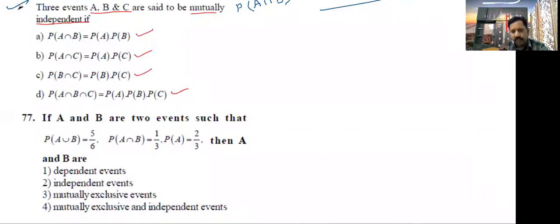First, we need to find P of B. How to find P of B? First, the P of A union B formula. What is it, students?